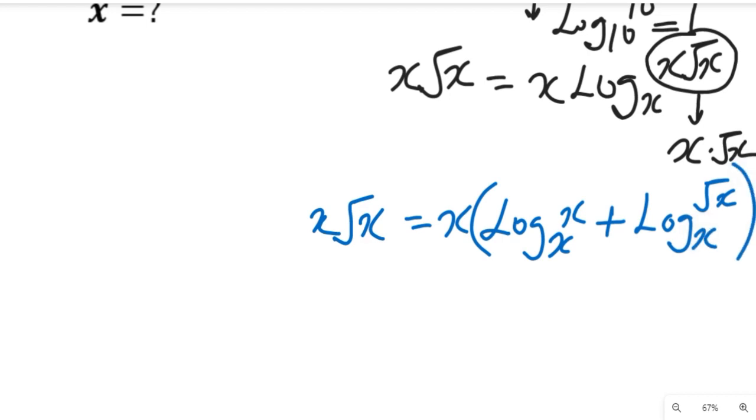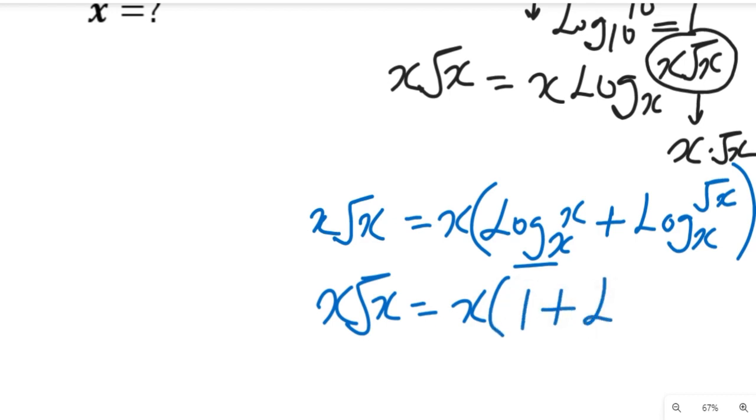Remember, log of x base x will give us 1. So we'll have x root of x equal to x into bracket 1 plus log of square root of x to base x.